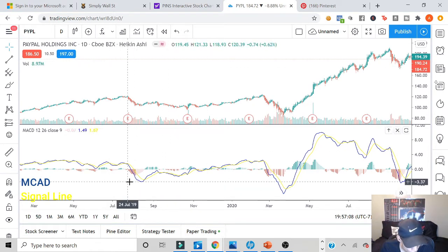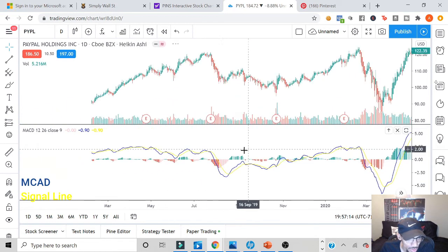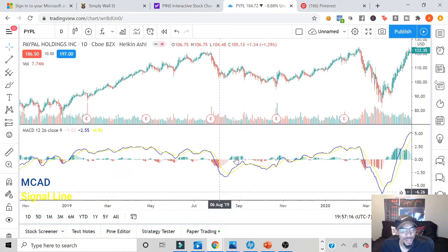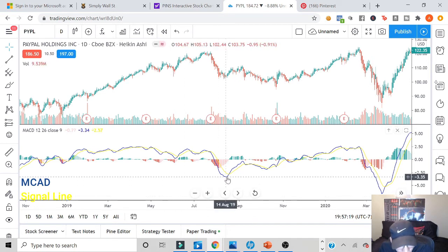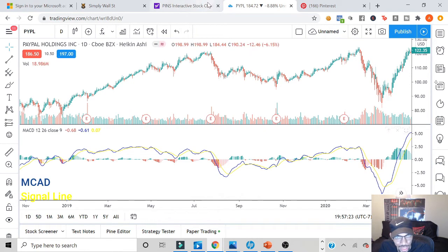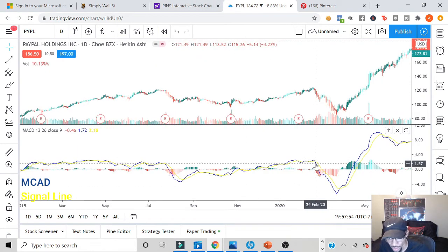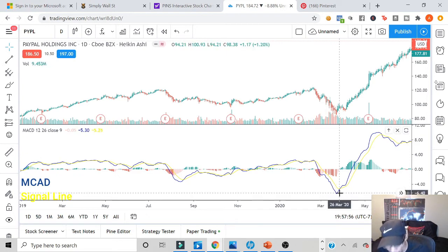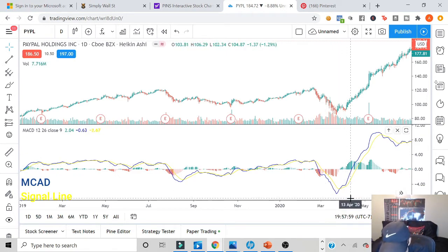So right here, this would be a good buying opportunity. Let's actually zoom in a little closer so you can see it a little better. So right here would have been a good buying opportunity, right? Now right here would have been a good opportunity to sell. Sell sign right here. This is a very clear buy signal right here.